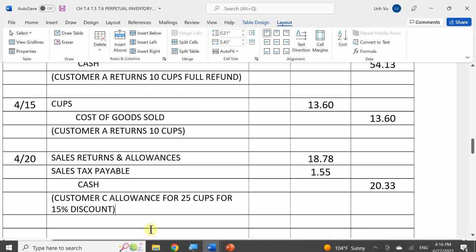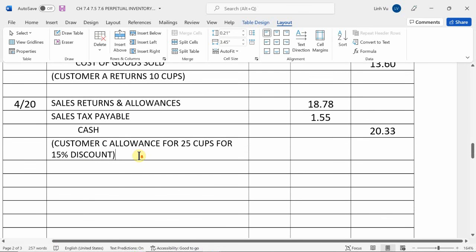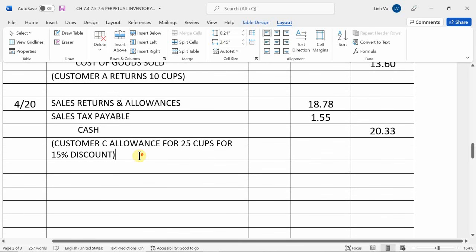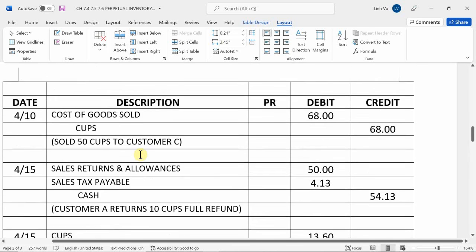Since they kept them, we don't have to make an adjustment. Because they still end up keeping the cups, we don't need to return the product back to our inventory.